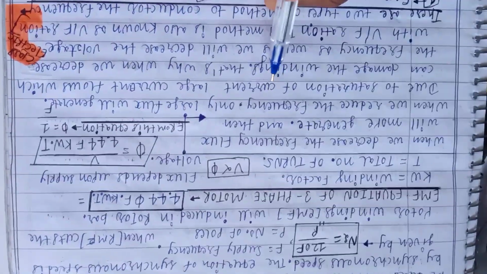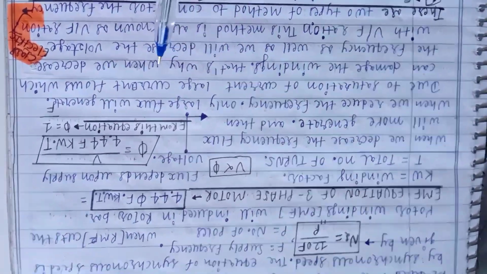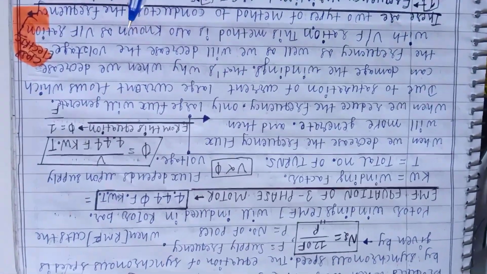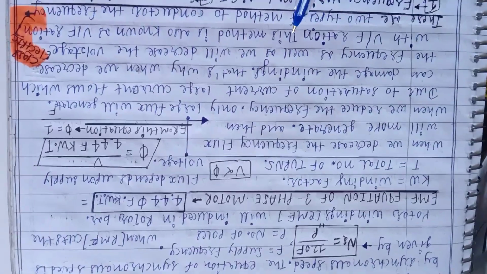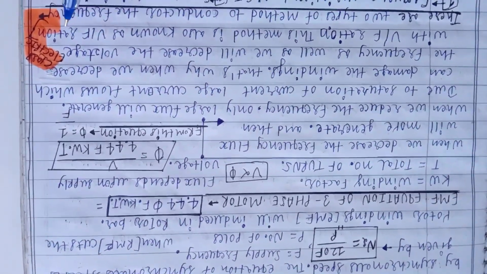Due to saturation, large current flows which can damage the winding. That's why when we decrease the frequency, we also decrease the voltage with the V by F ratio. This method is also known as the V by F ratio.